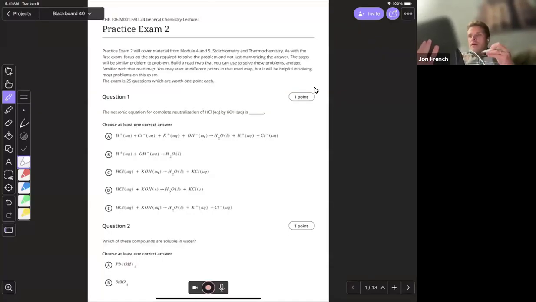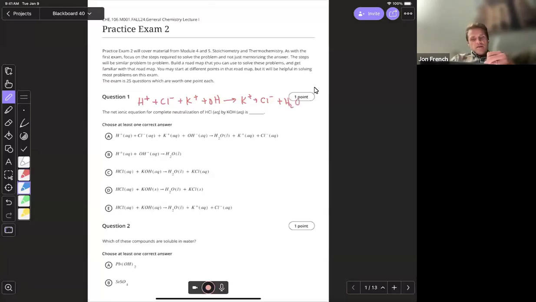For the first question, question one, the net ionic equation for the complete neutralization of HCl by KOH. HCl is a strong acid, KOH is a strong base. So our complete ionic equation would be the proton plus chloride, plus potassium hydroxide, yields potassium chloride and water.